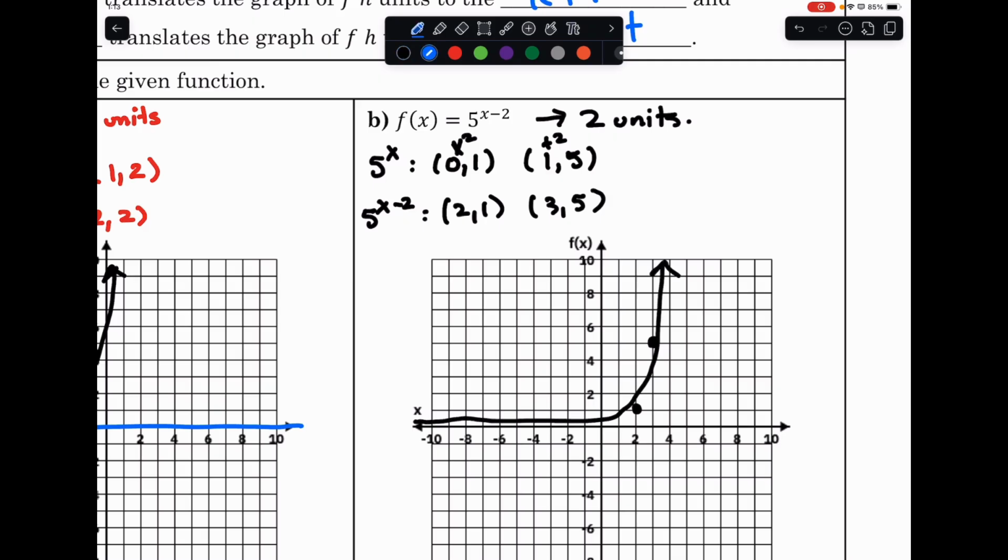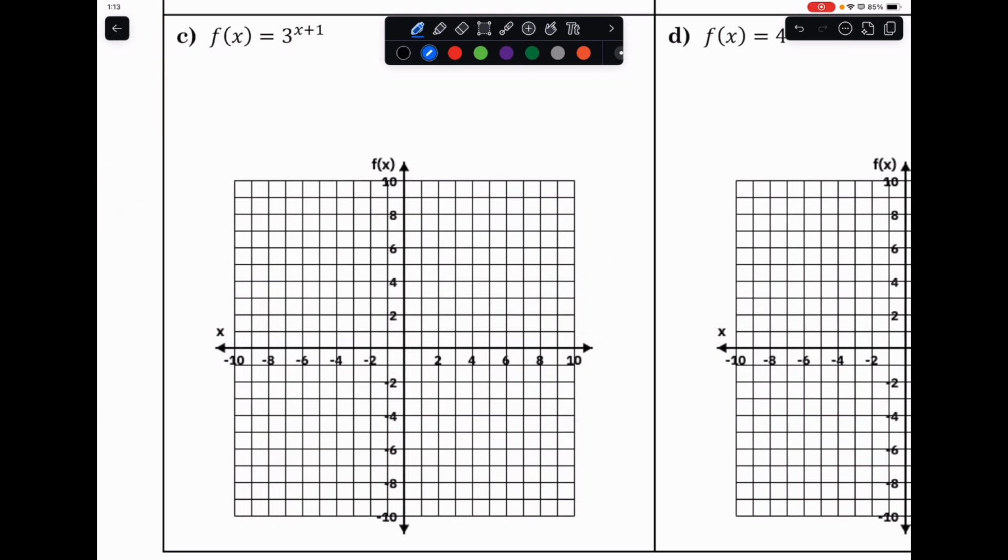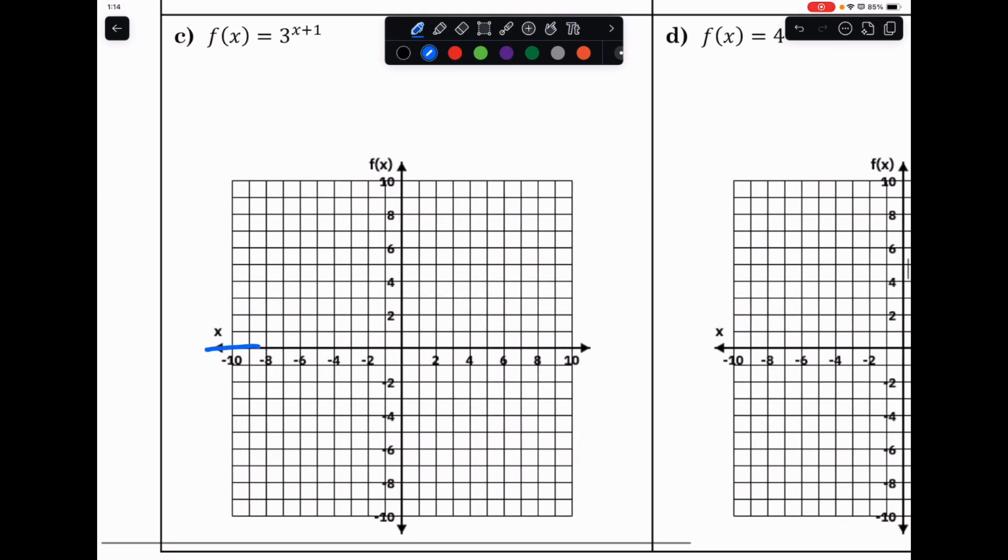So the graph will look like this. The horizontal asymptote again is still on the x-axis at y equals 0, and the graph will look like this. Okay, so let's do the next one. In this example again, our horizontal asymptote hasn't shifted because even if I move this to the left 1 unit, it's a horizontal line, so it doesn't look like it's been shifted.